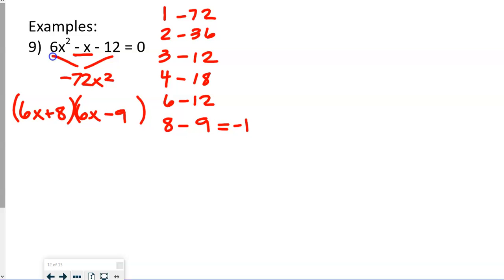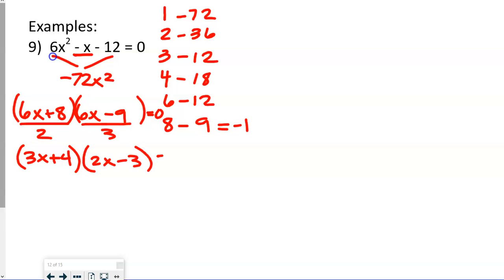And remember, when we solve this problem, we're going to be setting this thing equal to 0, right? So here we can go ahead and simplify this now. Again, what is the GCF? It's 2. So this would be 3x plus 4. The GCF over here is 3. So this would be 2x minus 3 equals 0. Now we're going to set each of these equal to 0 and solve.